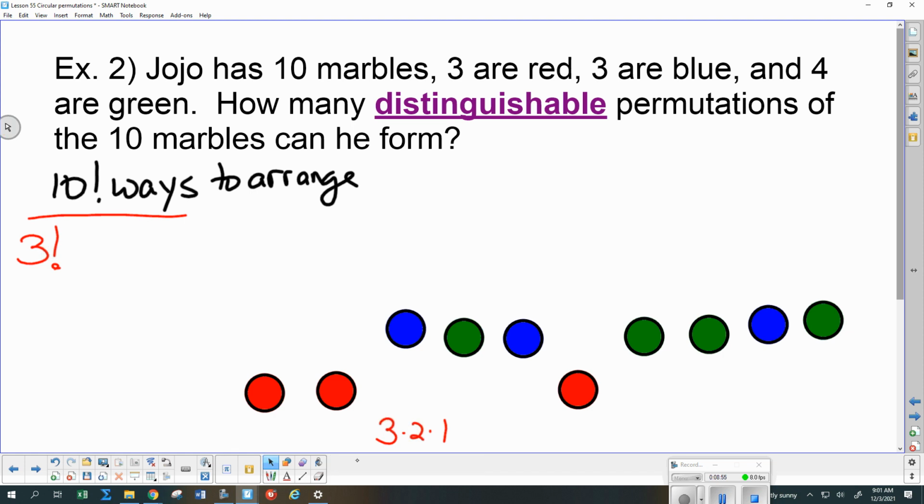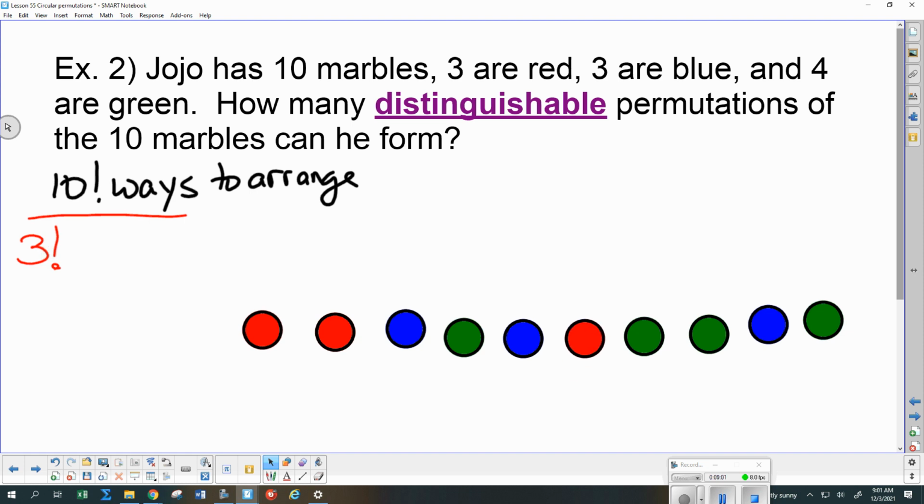But the reds are not the only thing that could repeat and look the same. I could take my blues and shuffle those around a number of different ways and they'd all look the same. How many different ways could I do the blues that look the same? So 3 factorial again.